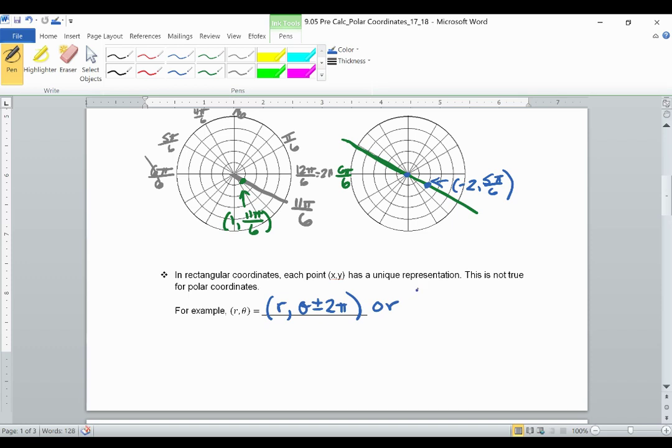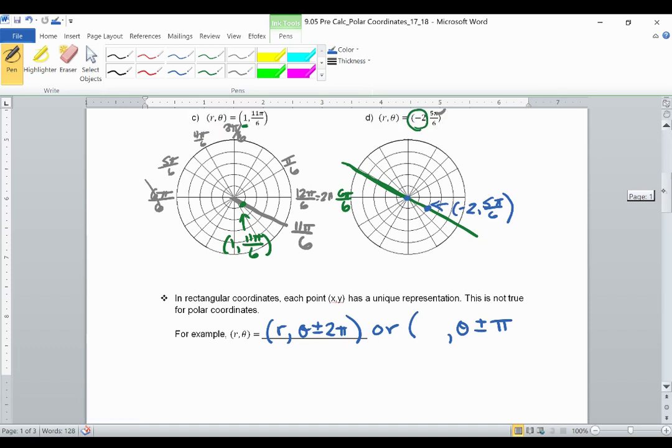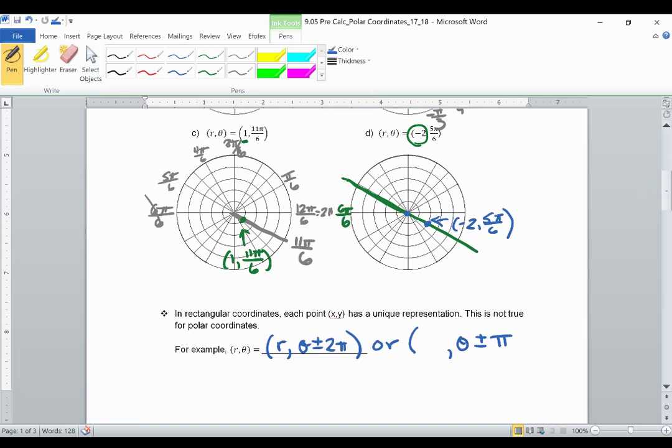Another way to get to the same point is if you take theta and you add or subtract half of a circle, so pi. Let's look at letter C. If I added half a circle here, this green point would be over here.